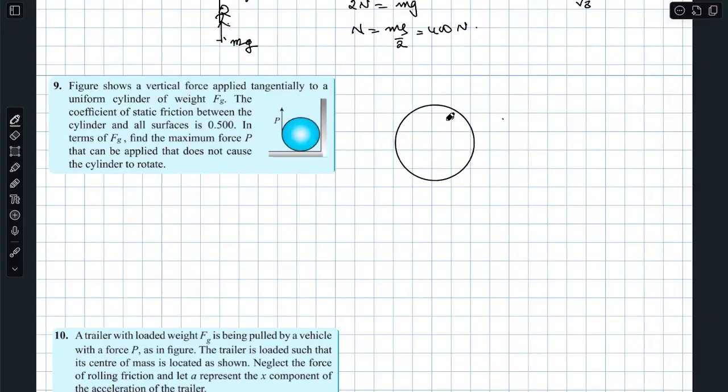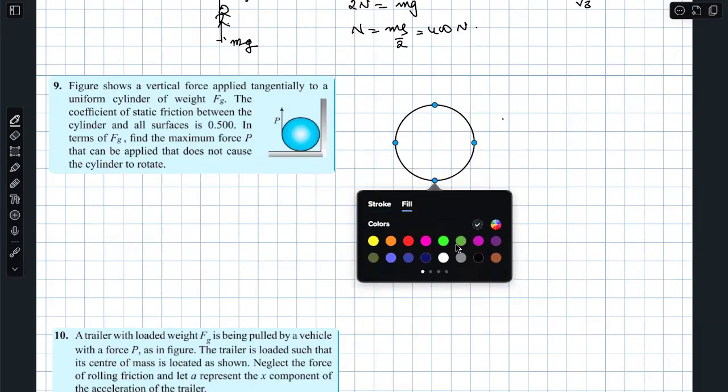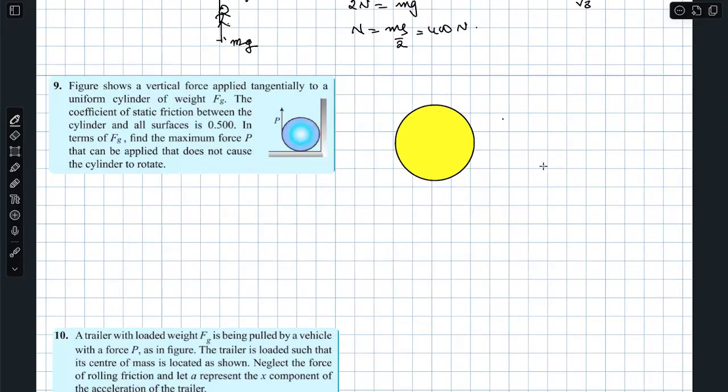Right. Now, in this case, this is P. Now, it will tend to rotate in this direction.